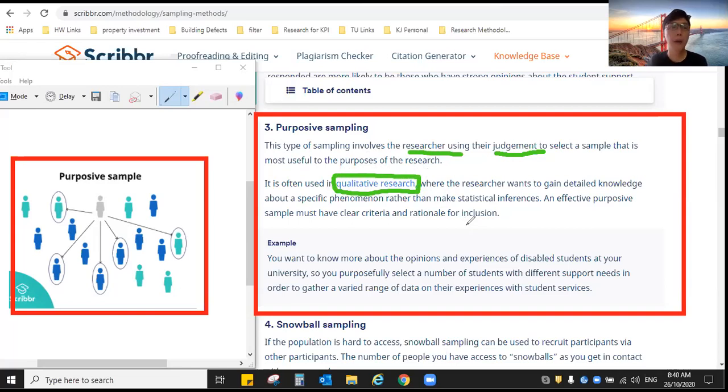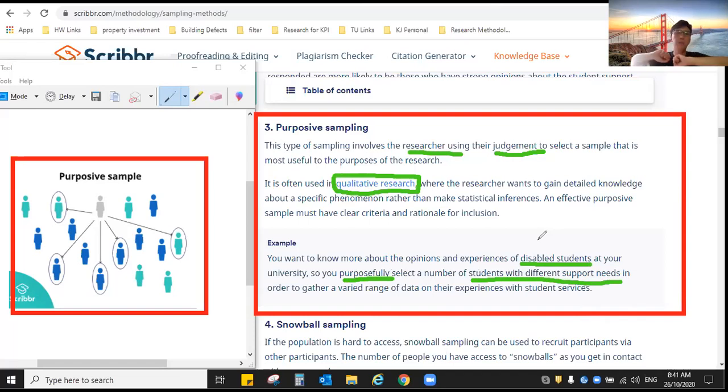Example, you want to know more about the experience of disabled students. You purposely choose a number of students with different support needs. That is called purposive.